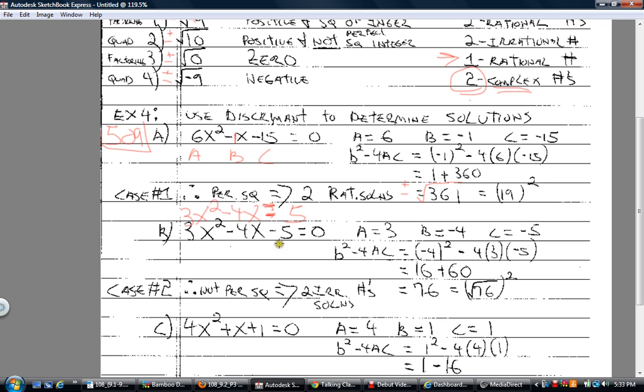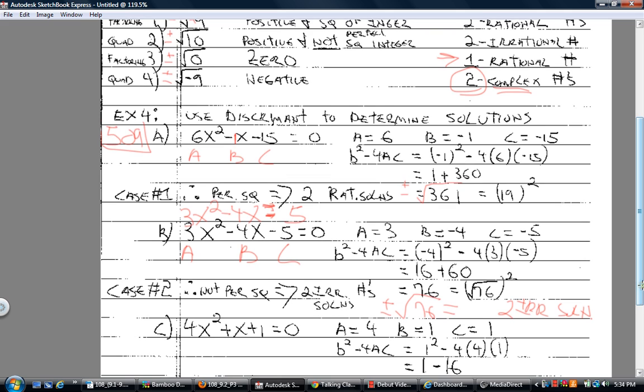Minus 5 on both sides, and boom, here's your A, here's your B, here's your C. You plug in, you get negative 4 squared, 16 plus 60, you get the square root of 76. So you take 76, put the square root, put the plus or minus, and what are you going to get? This is irrational numbers. This is case number 2. So you're going to get 2 irrational solutions. Okay, so you get the idea of it.